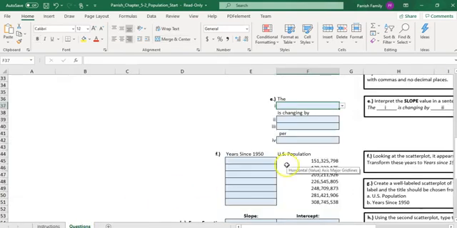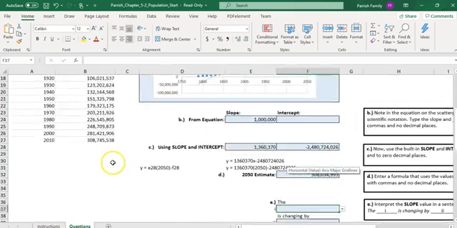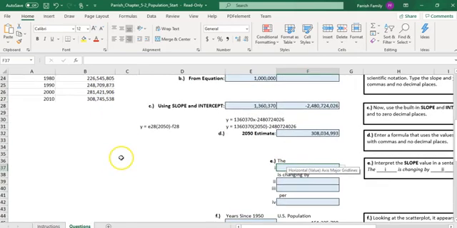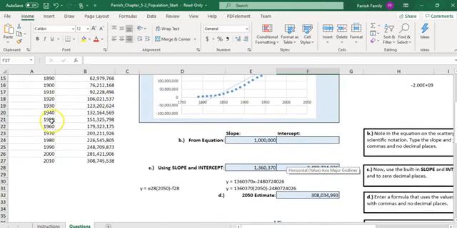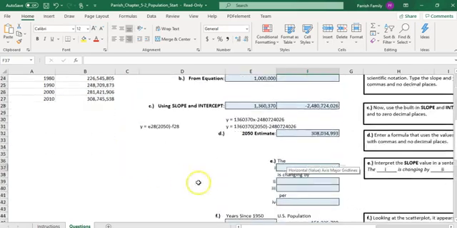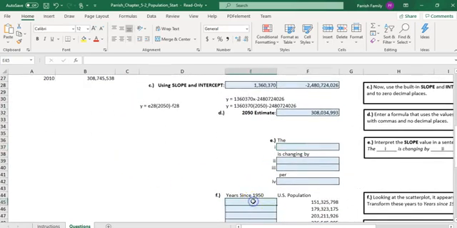So F45 is the population, 151,325,000, that is the year 1950, right? So how many years have passed since 1950?